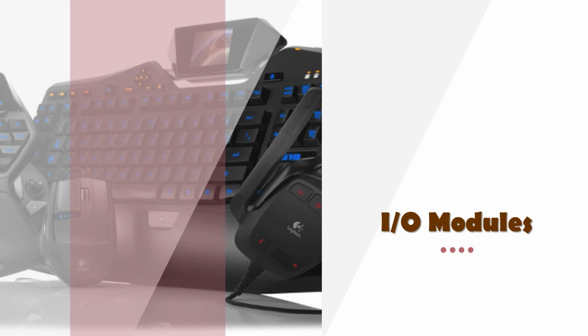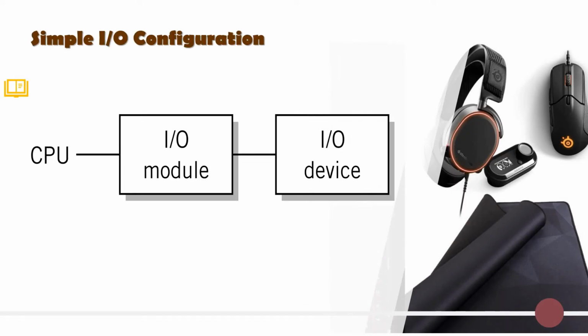I/O modules. Simple I/O configuration. The different requirements for each I/O device plus the necessity for providing devices with addressing, synchronization, status, and external control capabilities suggest that it is necessary to provide each device with its own special interface. Thus, in general, I/O devices will be connected to the CPU through an I/O module of some sort.